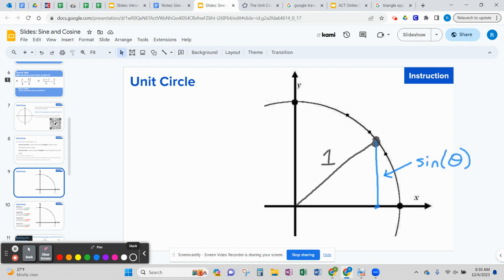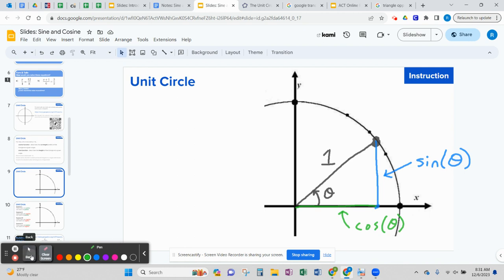And theta is going to be however much we rotated from that 3 o'clock position, from that x coordinate. The other thing that we can do with that triangle to complete it out is we can draw the width here. And that width here is going to be our cosine of theta.